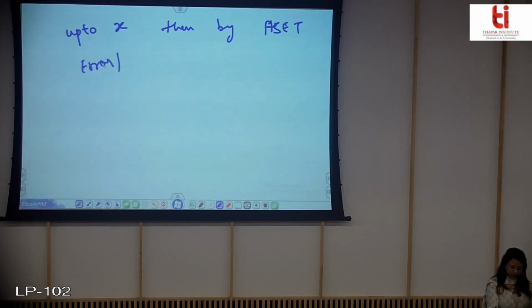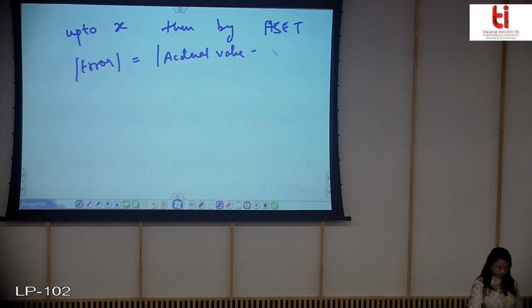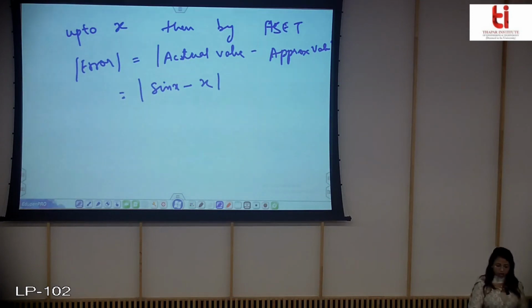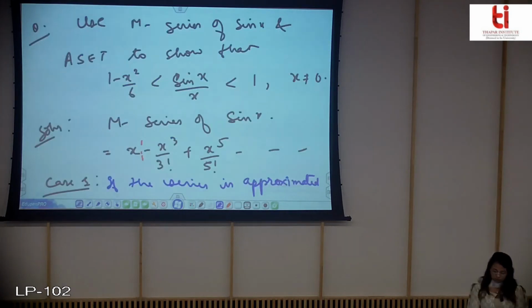We get the error, which is equal to the actual value minus the approximate value. The actual value is sin of x and the approximate value will be x. Now you can easily see that by the alternating series estimation theorem, the error will have the same sign as the first unused term.